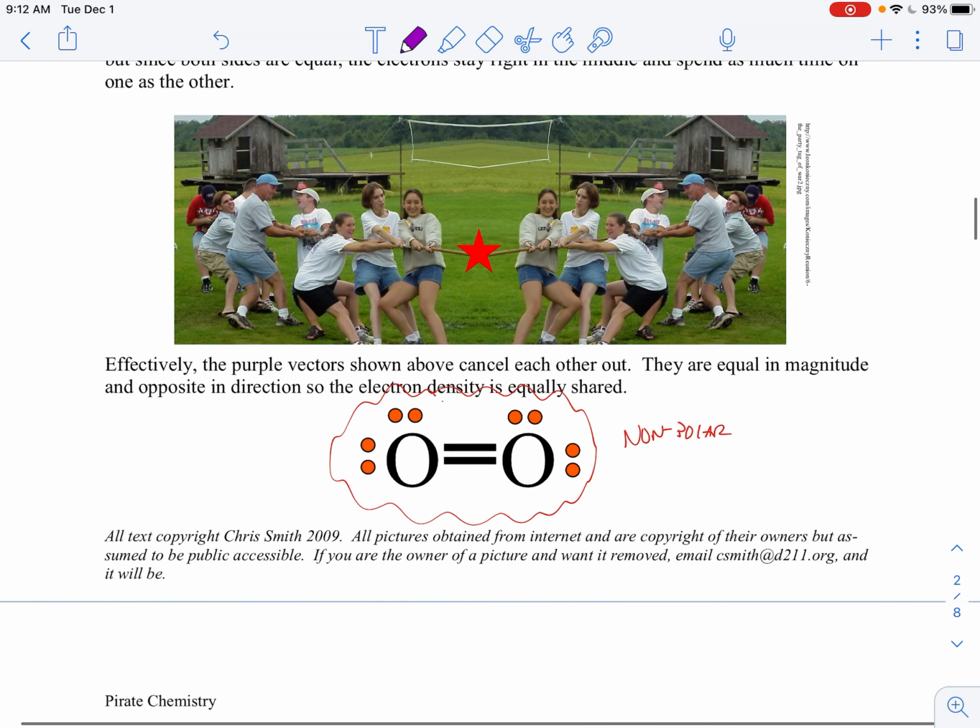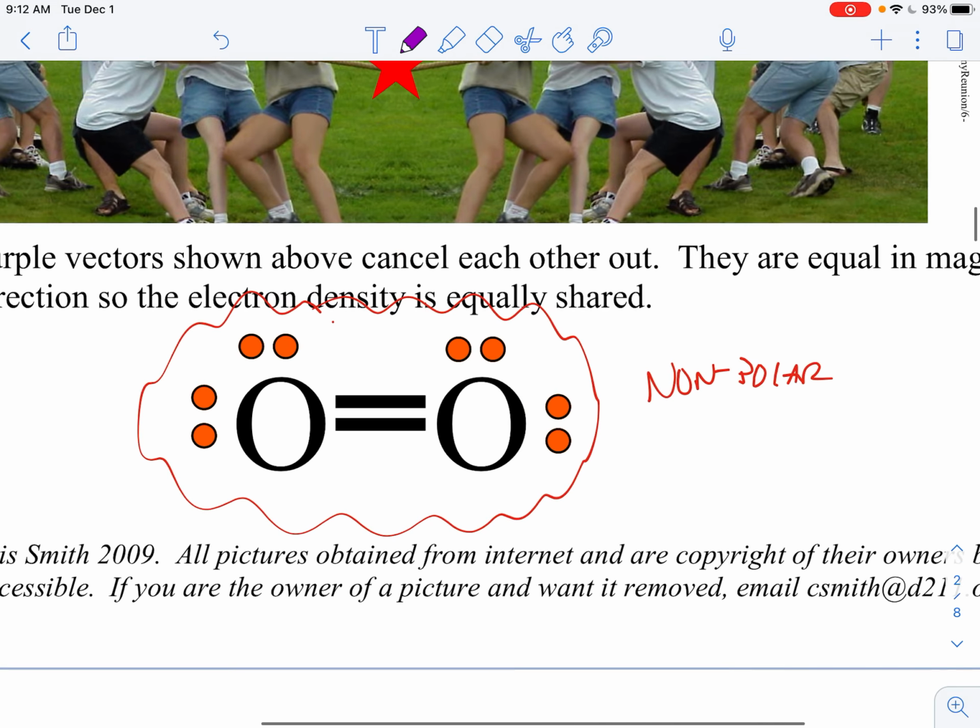So remember this guy up here? Remember how there was an even distribution of the electrons because nobody won this fight? This guy here pulled the electrons to the right. This guy here pulled the electrons to the left. They canceled out. And because of that, the electrons are evenly distributed throughout the molecule. Remember him? And because the electrons are evenly distributed throughout the molecule and nobody wins the tug of war, it is considered to be non-polar.